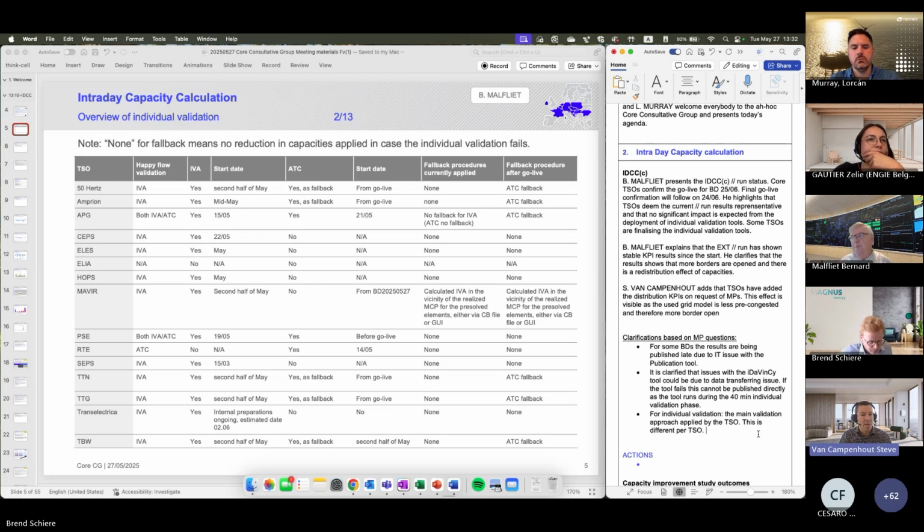And then when an issue occurs, we are in the non-happy situation, and the fallback describes what approach TSOs then have in case of an issue with the standard approach. So what Johannes explained, for example, for iDaVinci: if the IVA validation does not work, the fallback is to apply ATC validation. Does that answer your question, Jérôme?